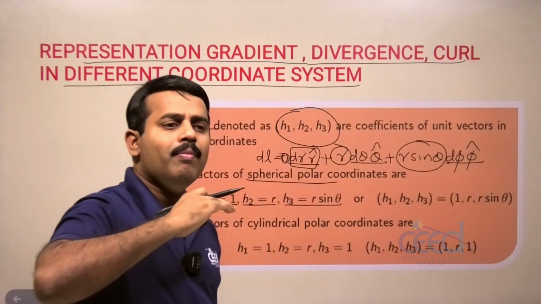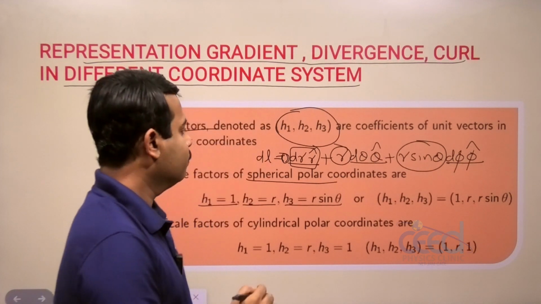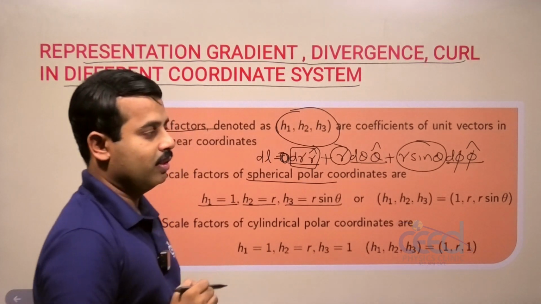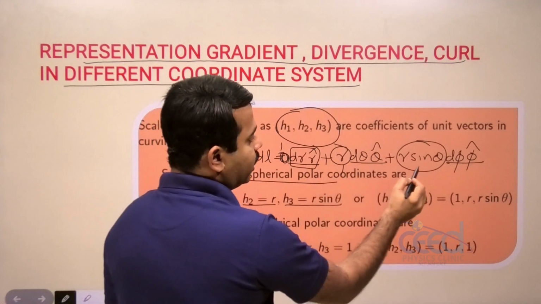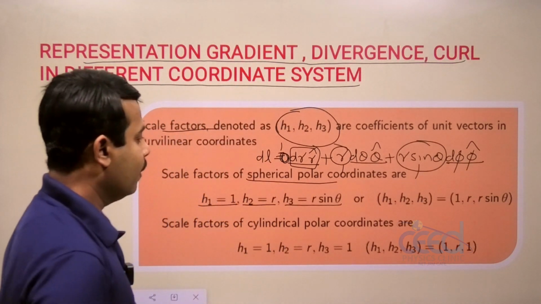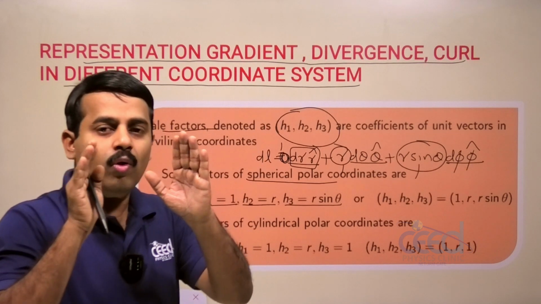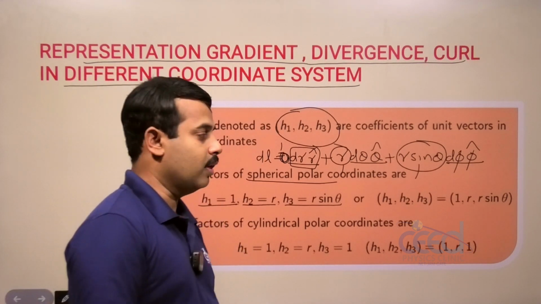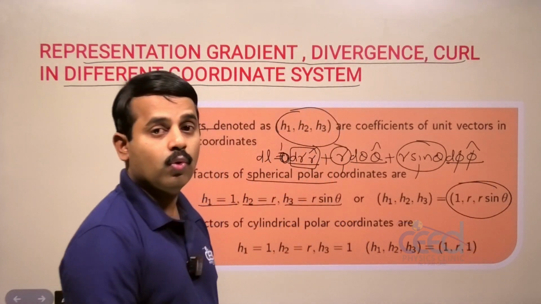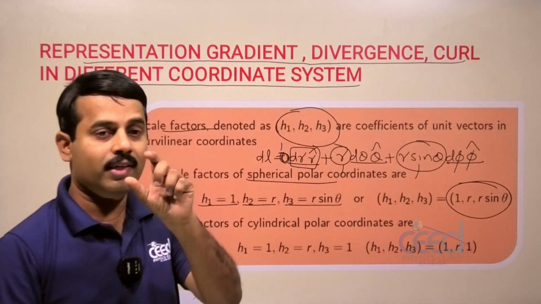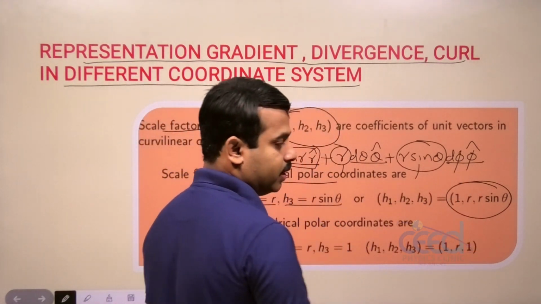Maybe that length you can extend to any value, so that depends on this coefficient. Here the coefficient is 1, here the coefficient is r, here the coefficient is r sin theta. So I am introducing a new concept, scale factor, that is 1, r, r sin theta. In case of spherical polar coordinate system, the scale factors are 1, r, r sin theta.